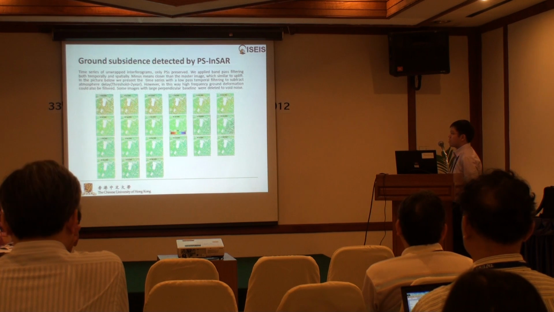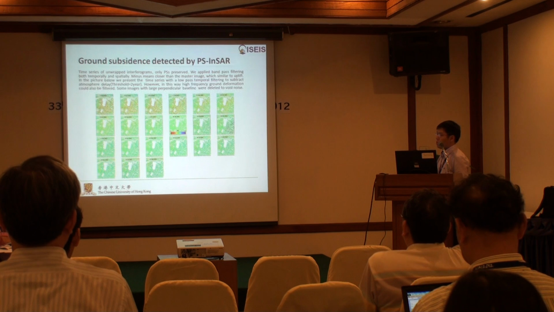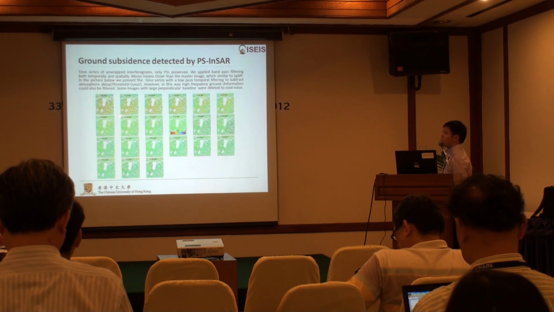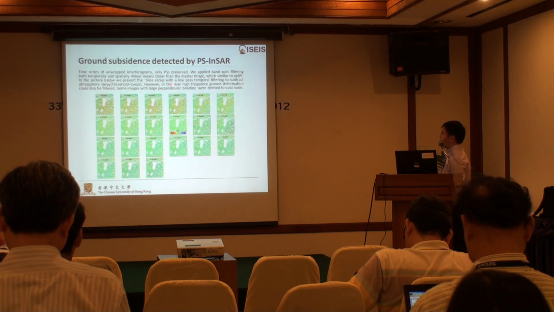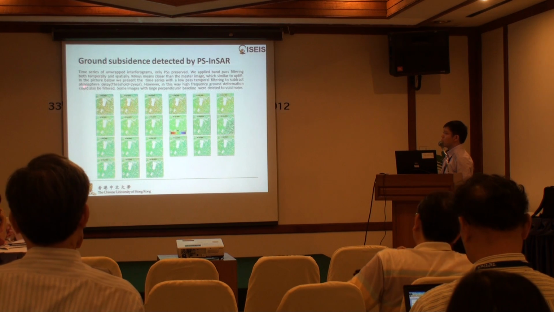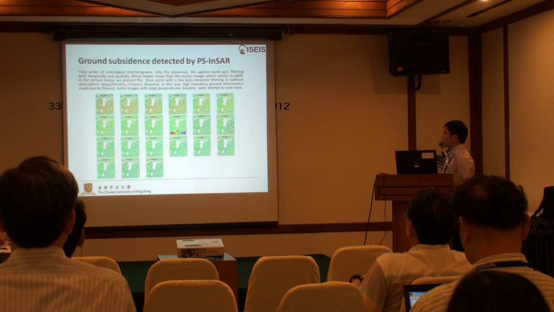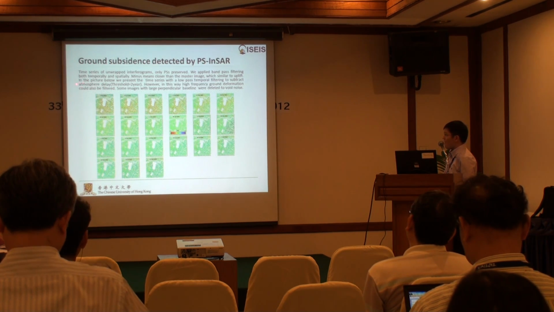Okay, next we will show two time series derived by our method. First, we used a strong temporal filtering to subtract the atmosphere delay, because when you use SAR images, the most annoying item is the atmosphere delay. We use a threshold of about 2 years to avoid this effect.